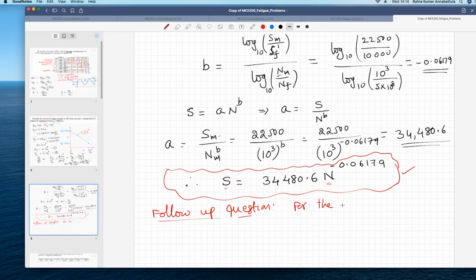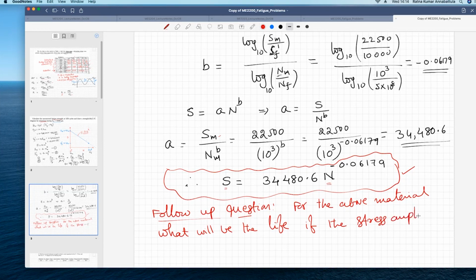For the above material, what will be the life if the stress amplitude is 15,000 psi? Because it is between your SF and SM, right?